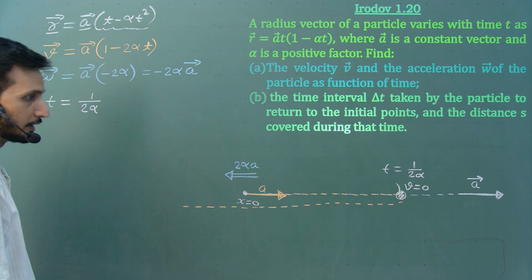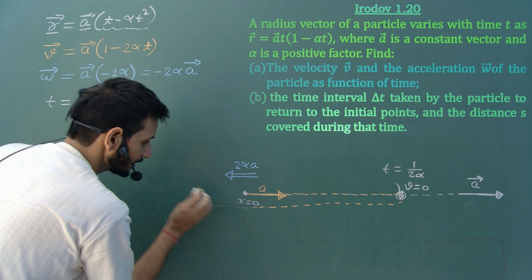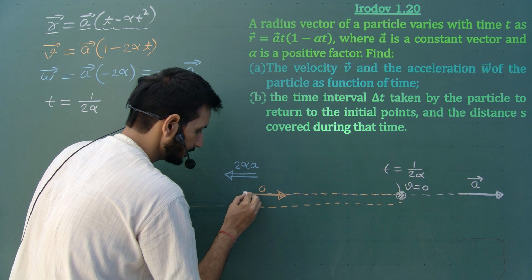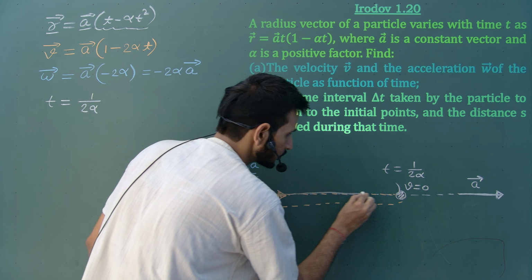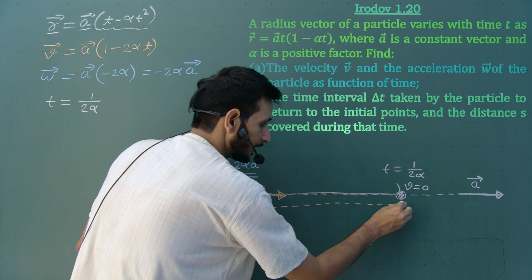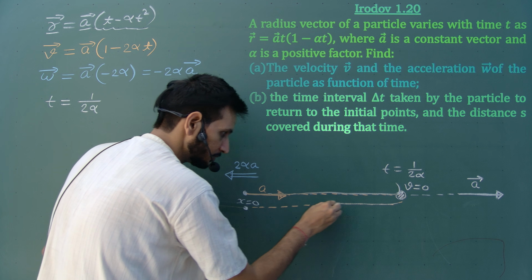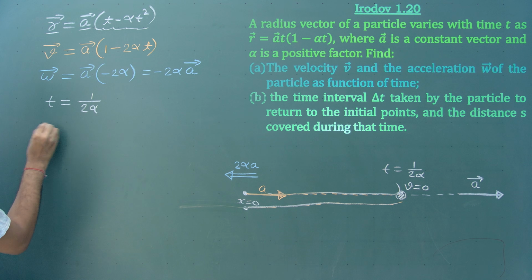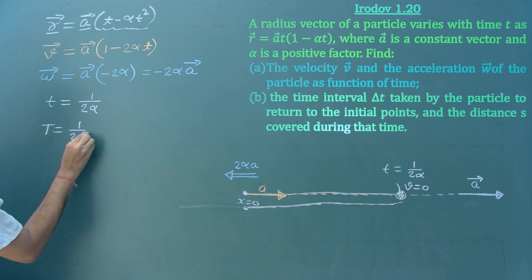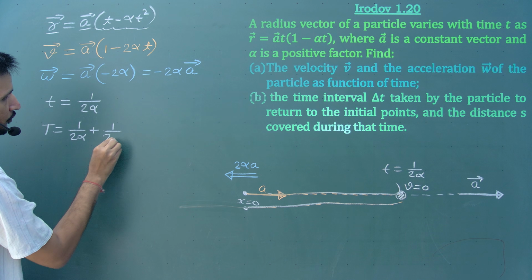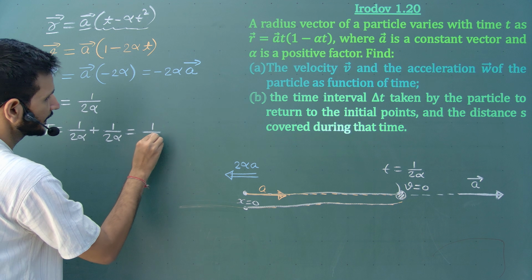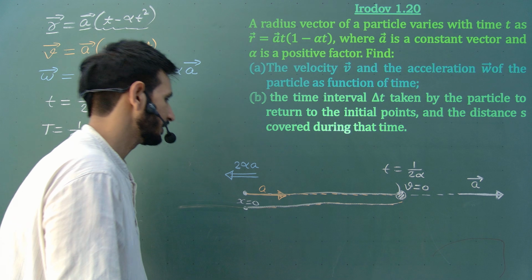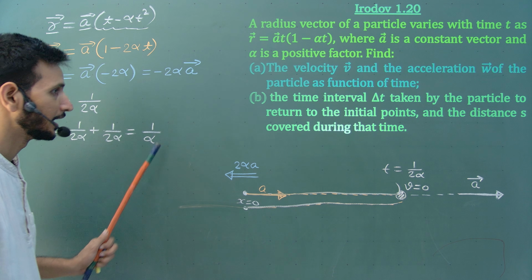So, I have to calculate the time when the particle returns to its initial position. How much time will it take to go from this point to this point? 1 by 2 alpha. Then the same time will be taken from this point to the initial point. So the total time is 1 by 2 alpha plus 1 by 2 alpha, and it is equal to 1 by alpha. The time taken by the particle to return to its initial point is 1 by alpha.